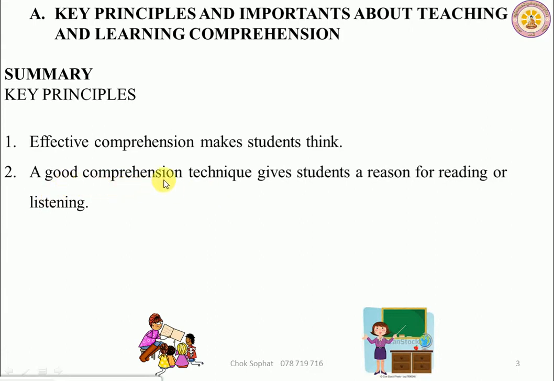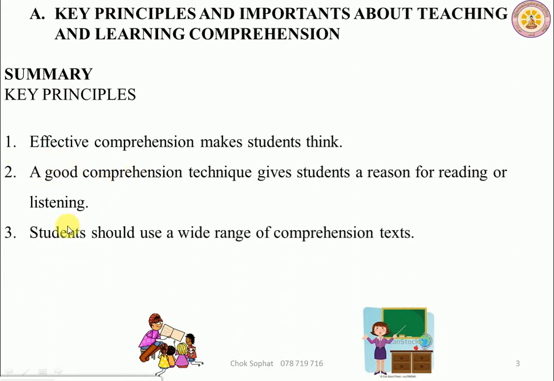Number 2, a good comprehension technique gives students a reason for reading and or listening. So if the technique is good, it can give the student a reason to read and to listen. Number 3, students should use a wide range of comprehension text.